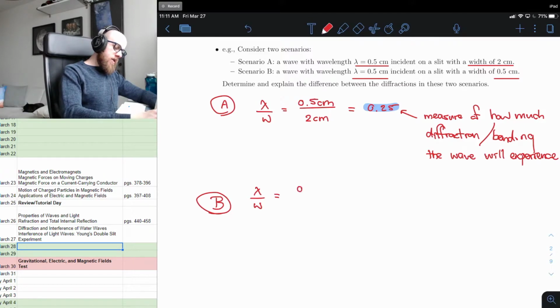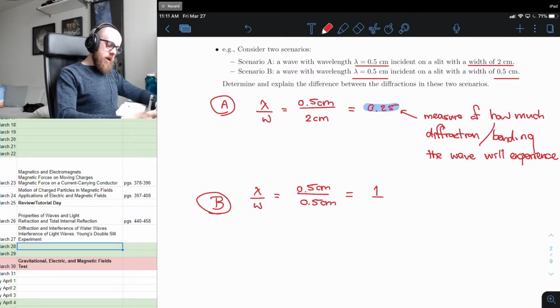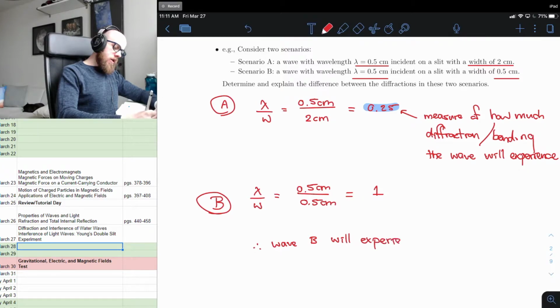So we have 0.5 centimeters over 0.5 centimeters, and the ratio here is just 1. And so wave B will experience more diffraction than wave A.